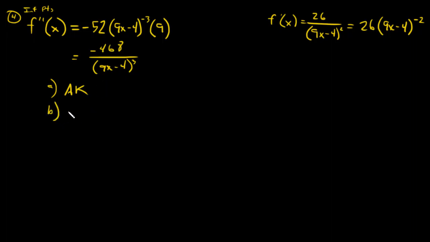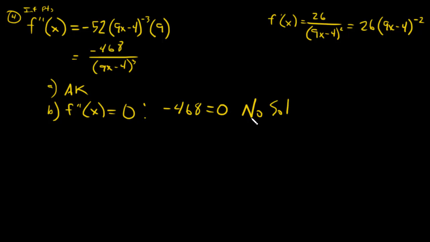So part B now, f double prime of x = 0 implies that -468 = 0, which is not true. So no solution. There are no inflection points, which means that for step 5, the f double prime chart, skip it.